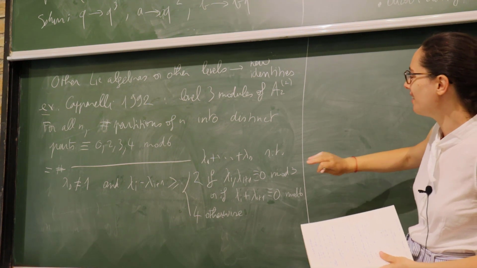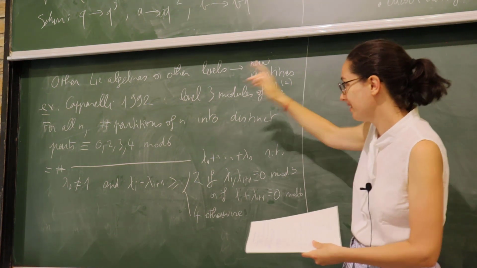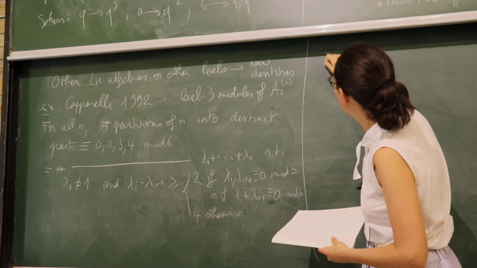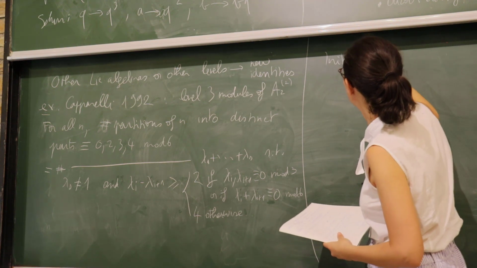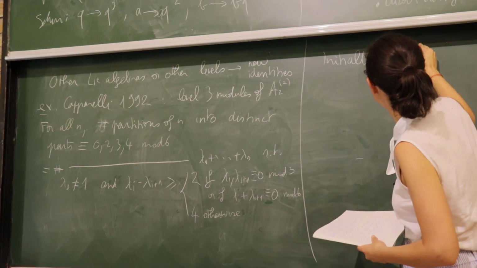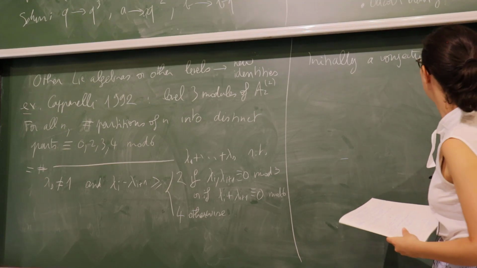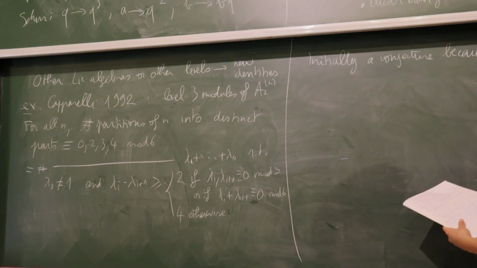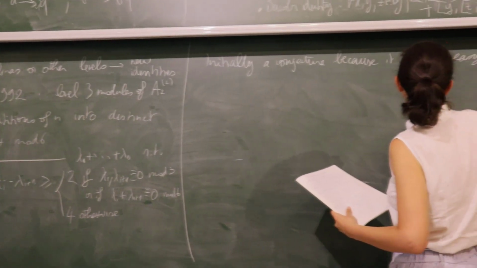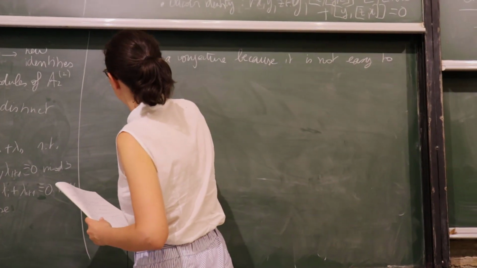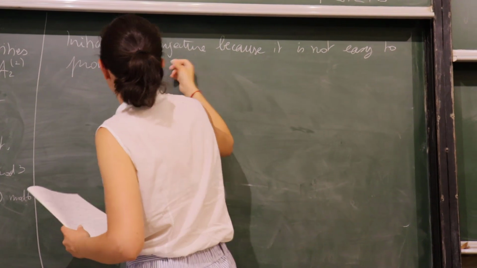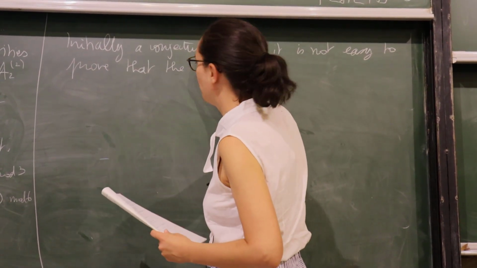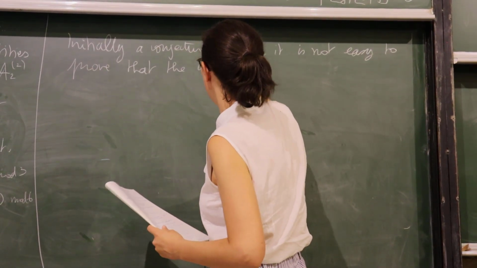So initially it was a conjecture, as I said, because it is not easy to prove that the conjectured basis is actually a basis.